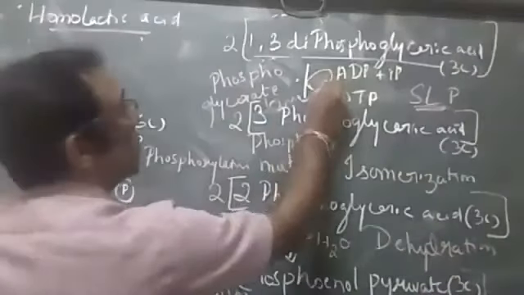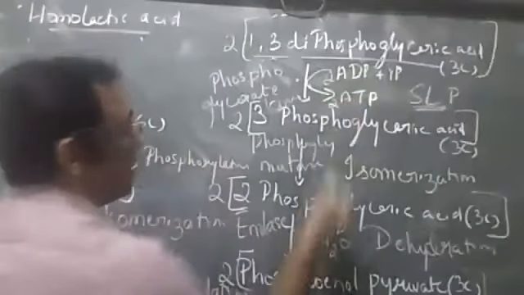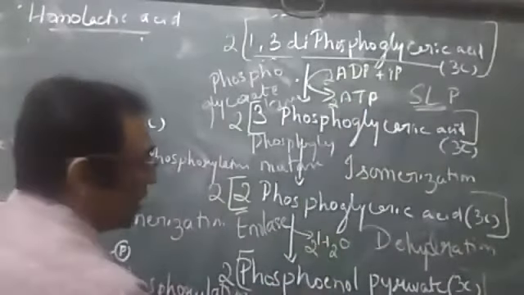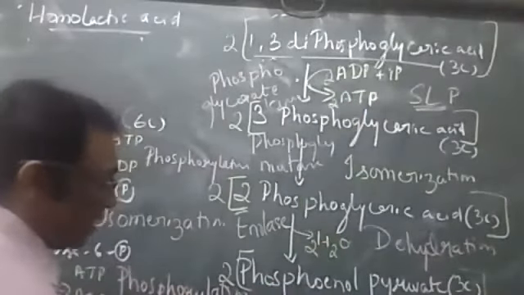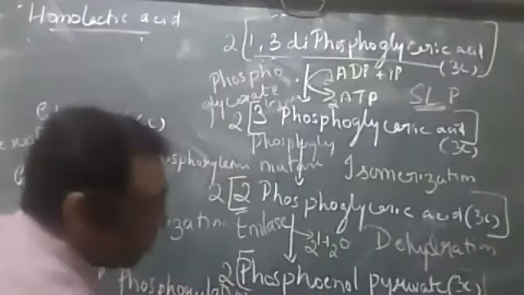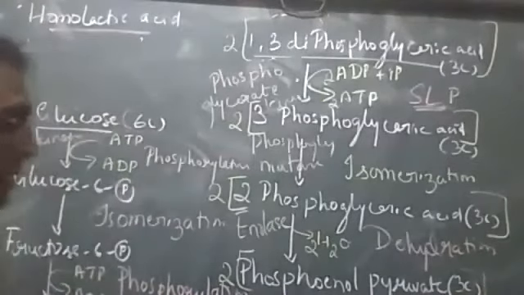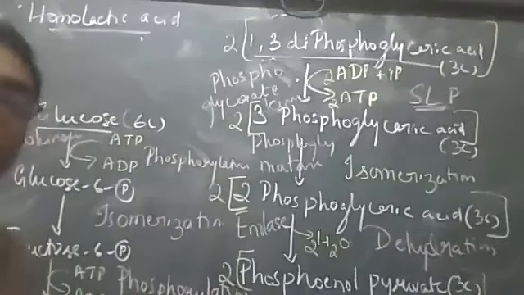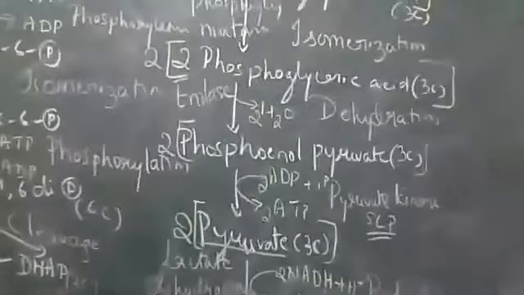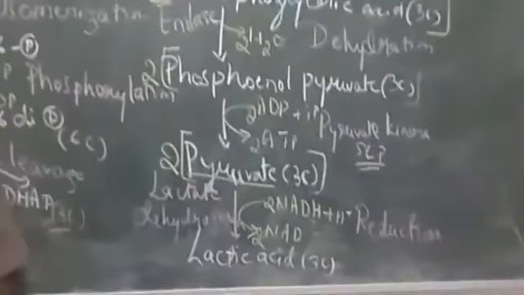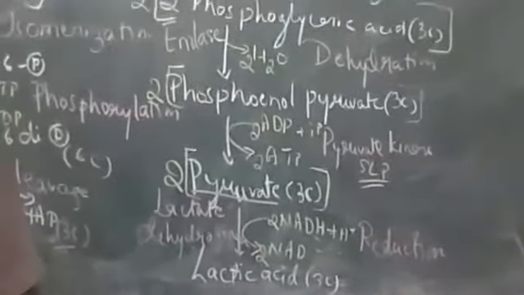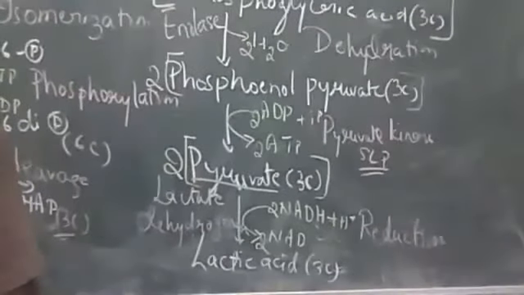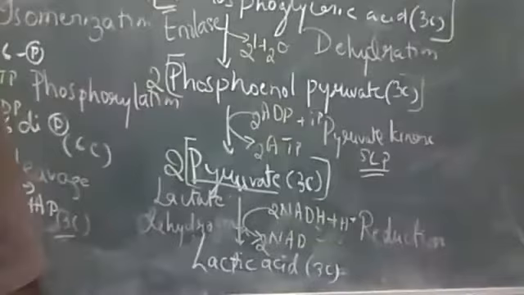Everywhere you should write 2 ADP, 2 ATP, 2 water, 2 ADP, 2 ATP. 2 NADH2 becomes 2 NAD. Are you clear? All of you understood what I'm saying? Everywhere you should write 2. 2 molecules of lactic acid.